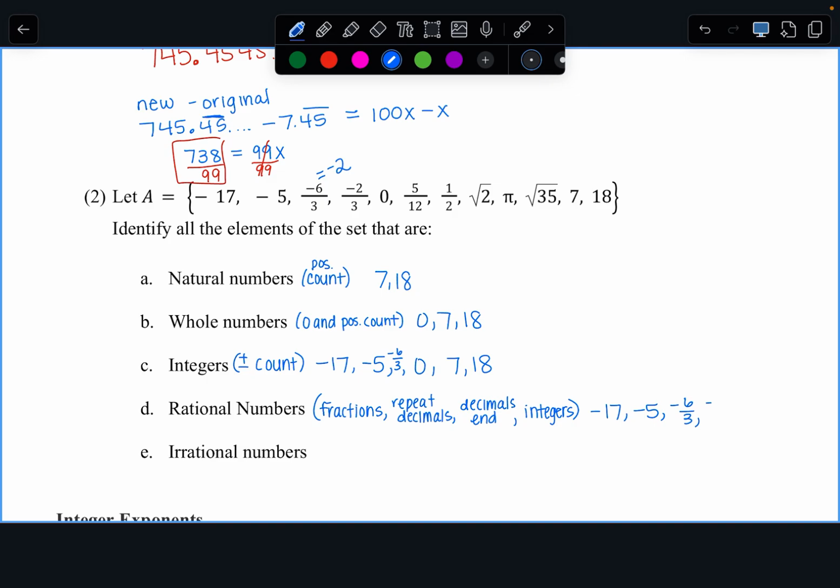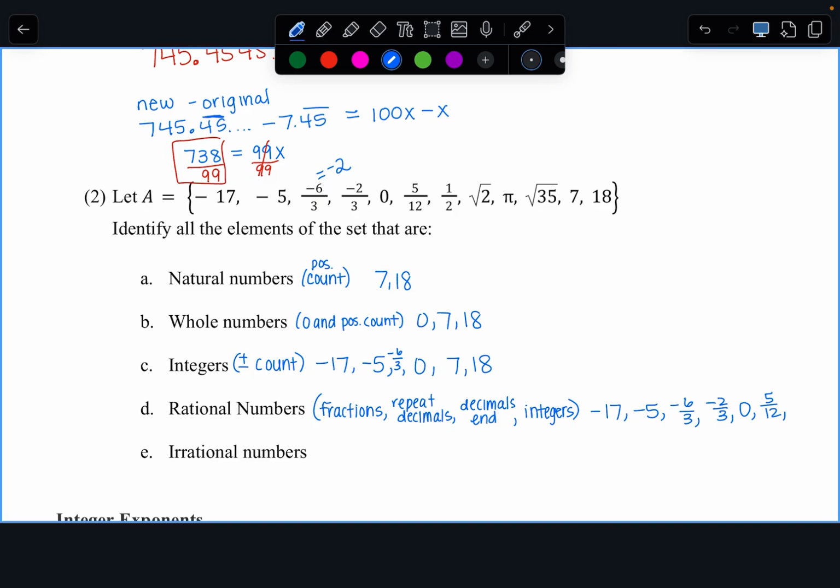Yep. 0. Yep. 5 over 12. Yeah. Yep. Remember, think any fraction, any regular counting number, positive or negative, and anything that we can reduce that doesn't have this really long, messy, non-repeating decimal.